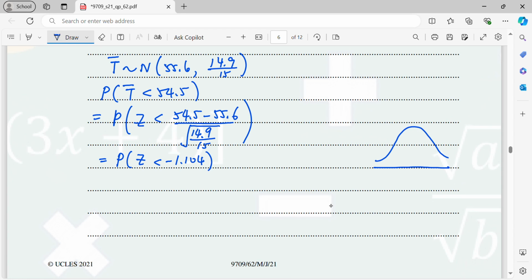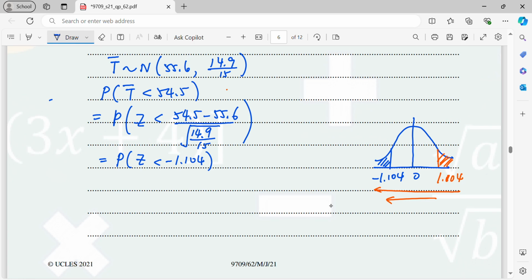Sketch a graph. Less than negative 1.140, that means the region towards the left side. And now here, the negative value will be reflected to be positive. And then the region will be the orange color. So obviously, this total probability is 1 minus the probability less than the positive value.